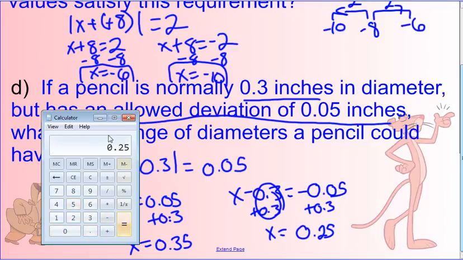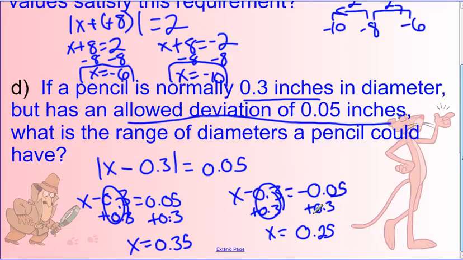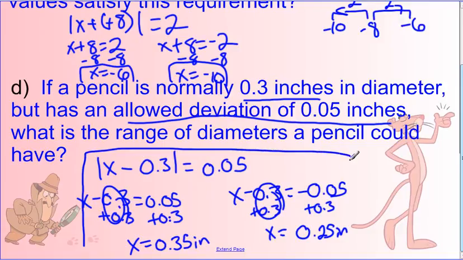Yeah, 0.25. That'd be inches. Both of these have labels of inches. So this is using it this way. If we want to do this using the separating way, the 0.3 is in the middle. And if I get 0.05 bigger, which means we add those two, which is what we did here, or 0.05 smaller, which means you'd subtract it, that's what we did here, you get those two values.